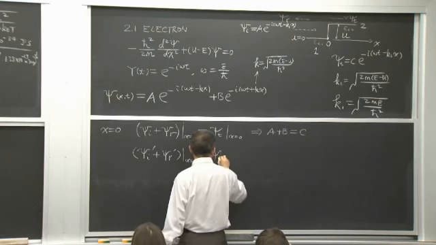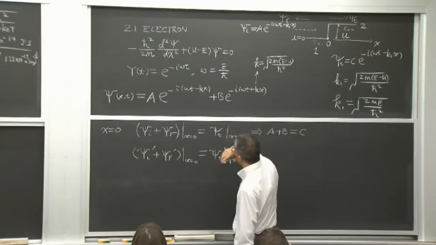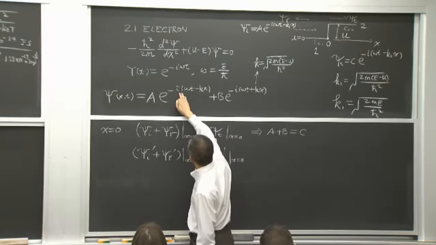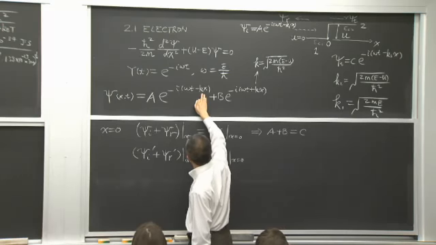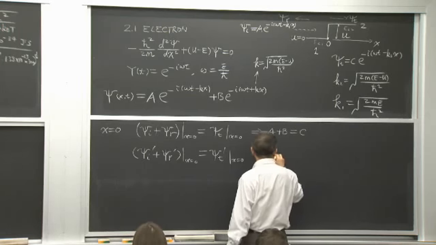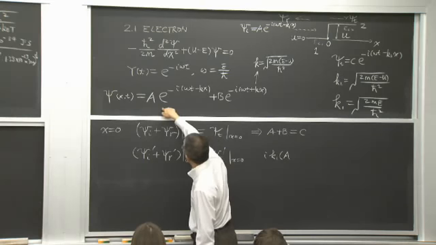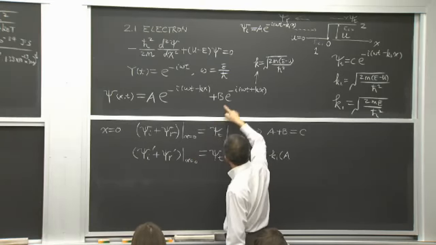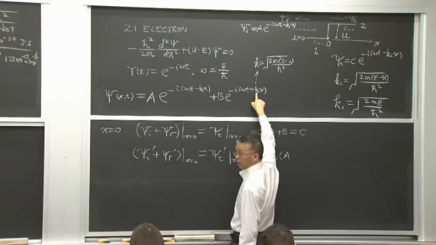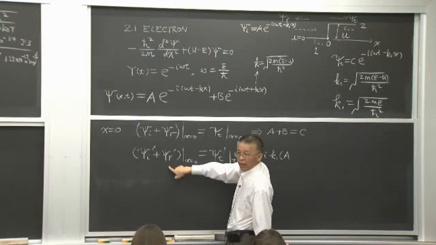Taking the derivative with respect to x, negative times negative gives positive i k1 A for the incident term. For the reflected term, it's minus i times plus k, so I have a sign change after taking the derivative.